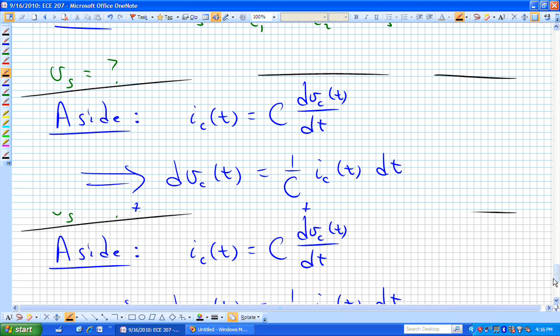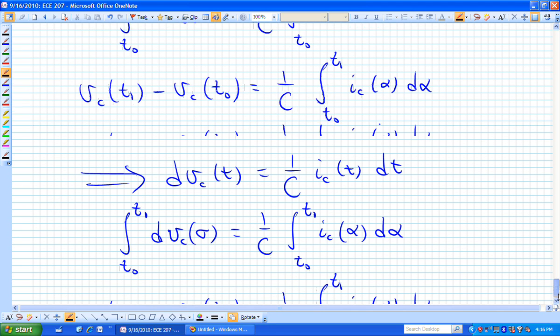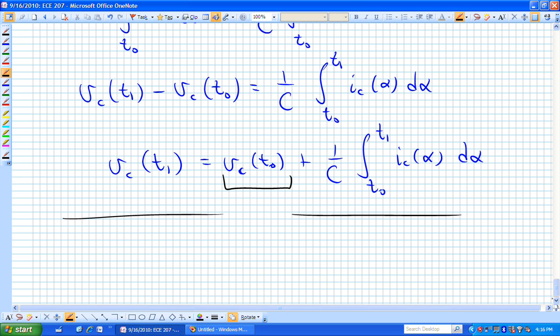Meaning, we now can replace all of those V's with this 1 over C, but now the 1 over C's are going to be unique to the particular C that we're interested in, but the current's the same because we're talking about this series current.